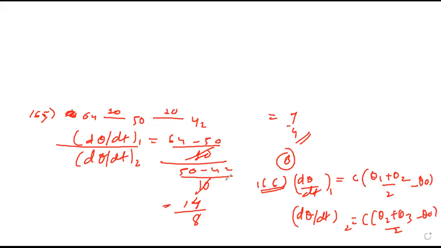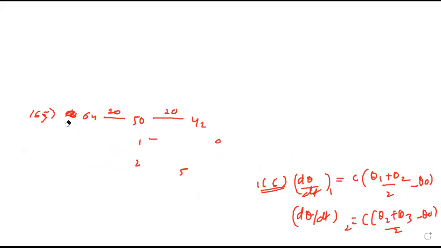Any doubt in formula first? No, sir. Okay. Now when you divide, you have already got this ratio as 7 by 4 because it is in continuation. So don't waste your time.